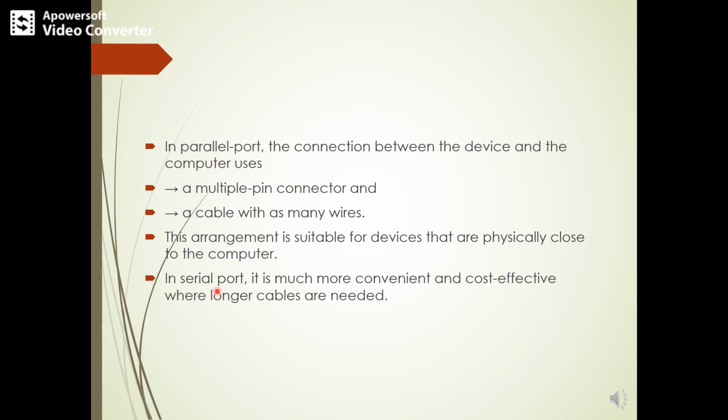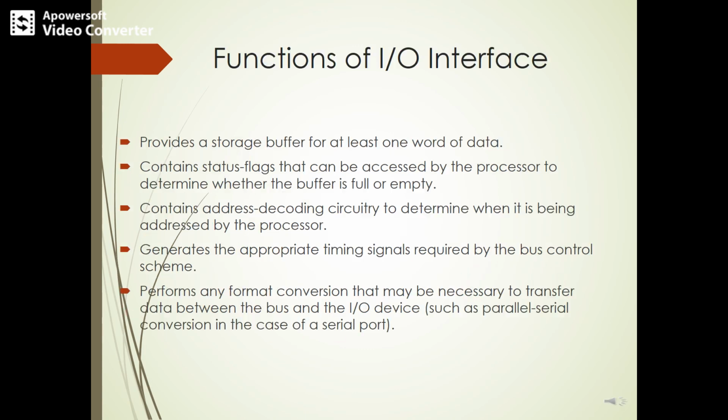In the case of a serial port, it is much more convenient and cost effective where longer cables are needed. So the parallel port is suitable for making connections between devices that are physically close to each other, but the serial port is more convenient and cost effective where longer cables are needed.